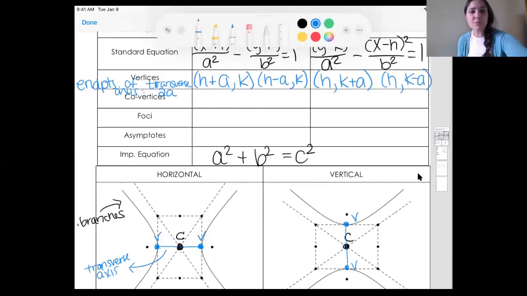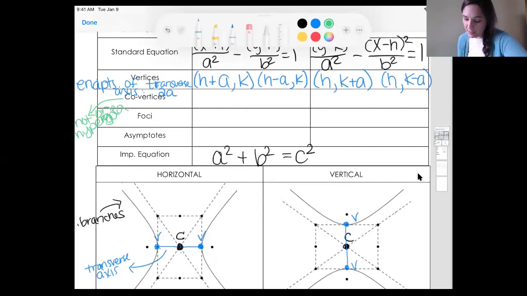So like I told you guys before, covertices are not actual points on the hyperbola. However, they are helpful because they're going to be helpful when we are creating and graphing our hyperbola. So our covertices are not on the hyperbola. They're just guidelines.